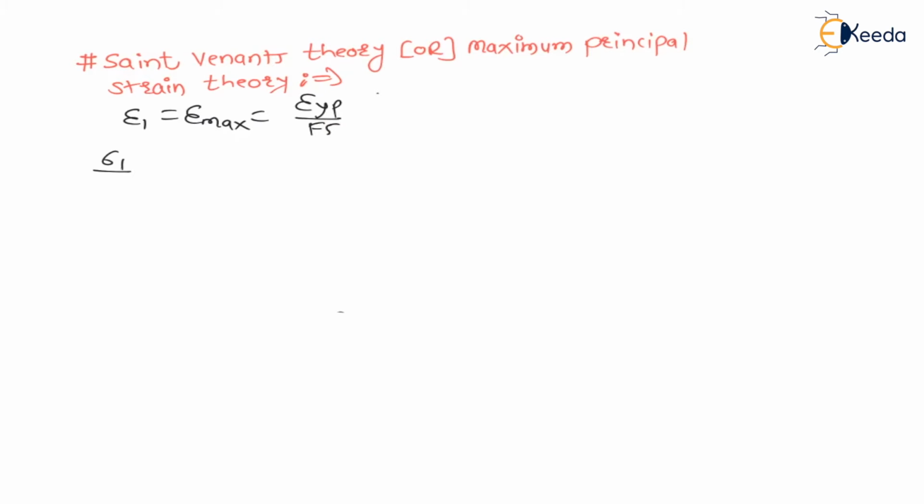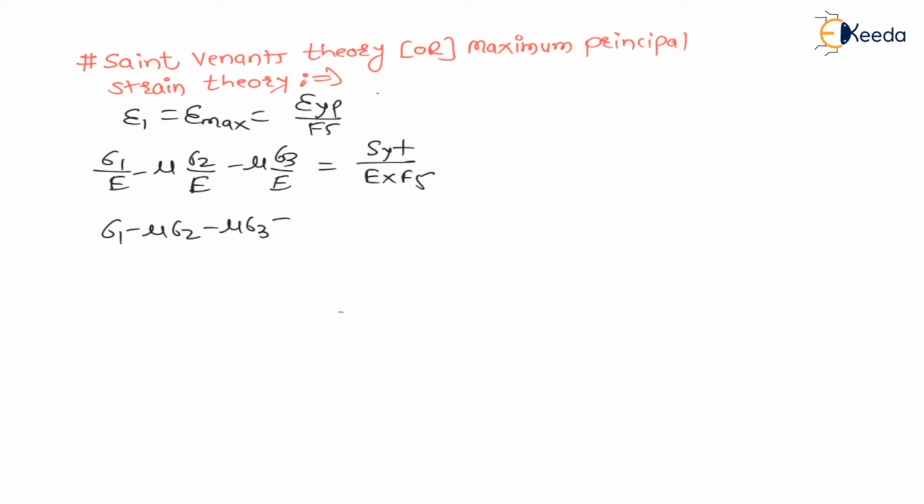Therefore, sigma 1 by E minus mu sigma 2 by E minus mu sigma 3 by E is equal to SYT divided by E into factor of safety. Now, from both sides, E will get cancelled. Therefore, sigma 1 minus mu sigma 2 minus mu sigma 3 is equal to SYT divided by factor of safety. This is the theory for 3D loading.